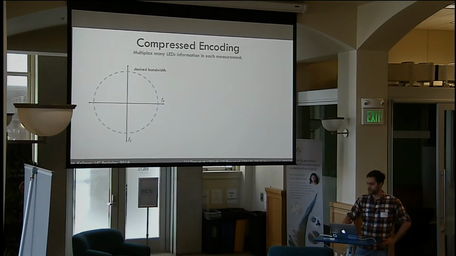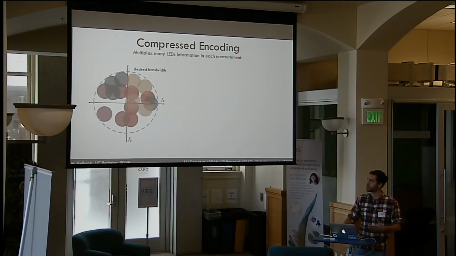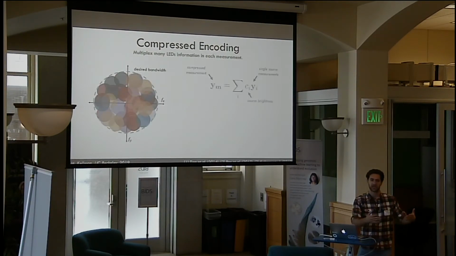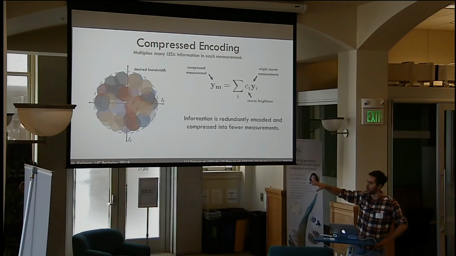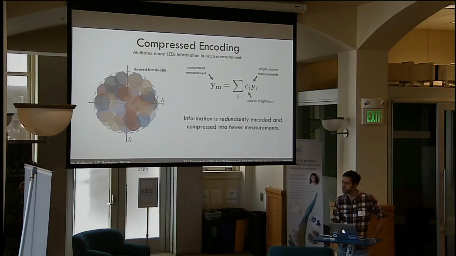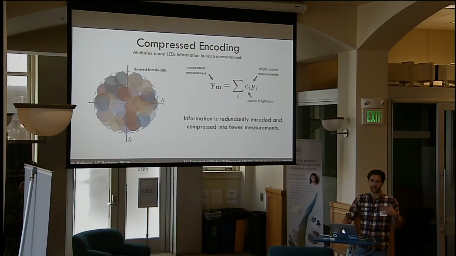So to get started, let's consider reducing the measurements by compressing multiple LEDs' information into a single measurement. And we can do this by turning multiple LEDs on simultaneously. And so we're able to tile this spatial frequency space faster. And then we'd have to rely on the inverse problem formulation to decode this information.